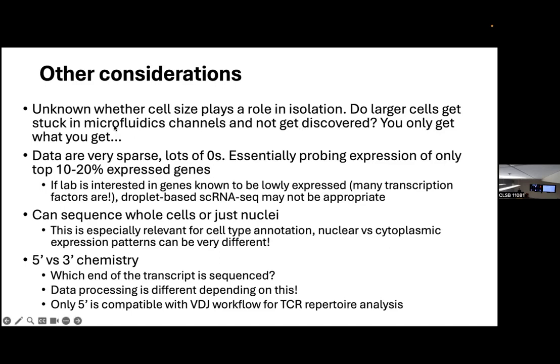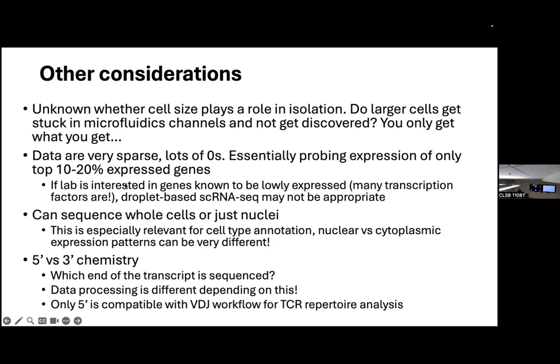I think some of this has been explored, but it's worth mentioning, especially for people that work in the brain. Neurons can be quite large, and astrocytes, et cetera, have a lot of projections and other cellular structures that could be a physical barrier to properly isolating and sampling the cellular composition.